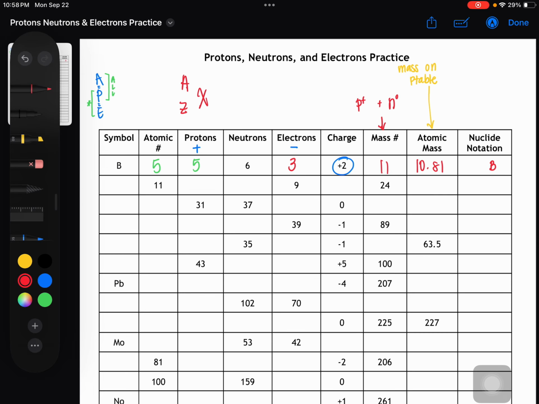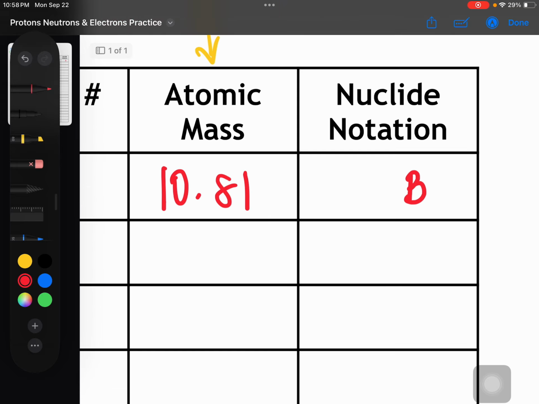On the top will be the mass number, which is 11. And the bottom is the atomic number, or the number of protons, which is 5.